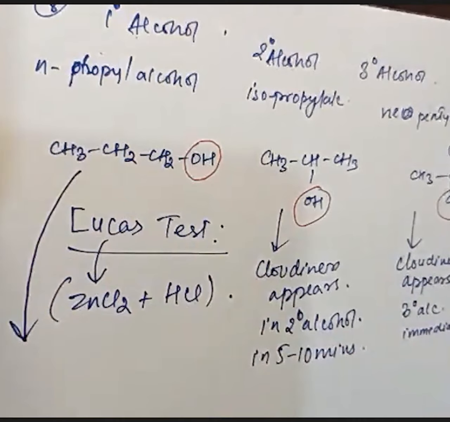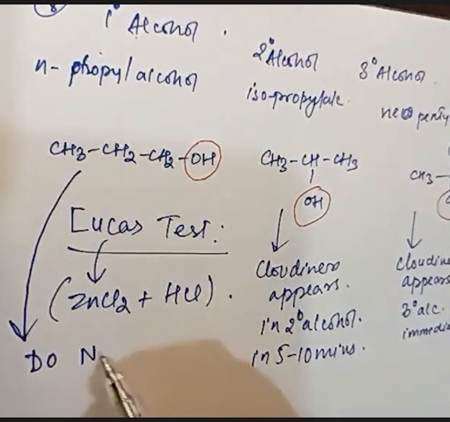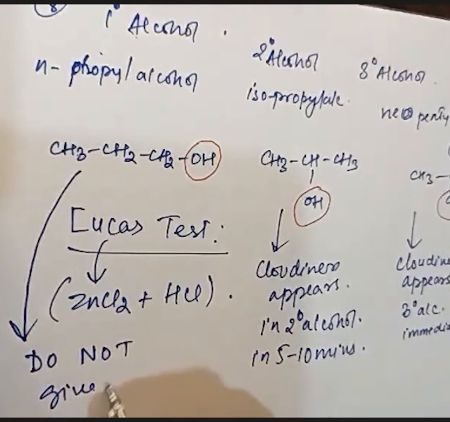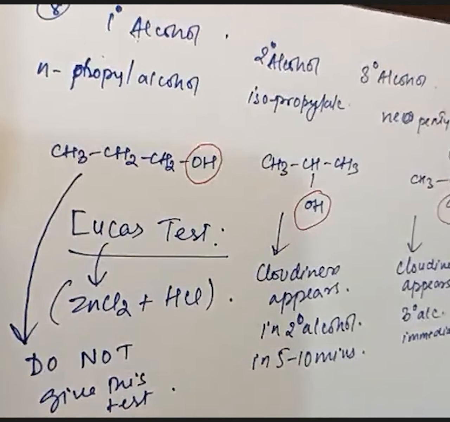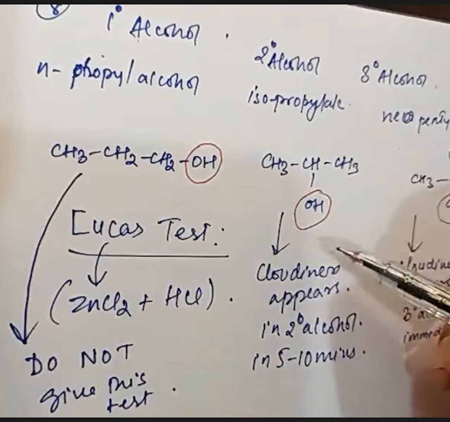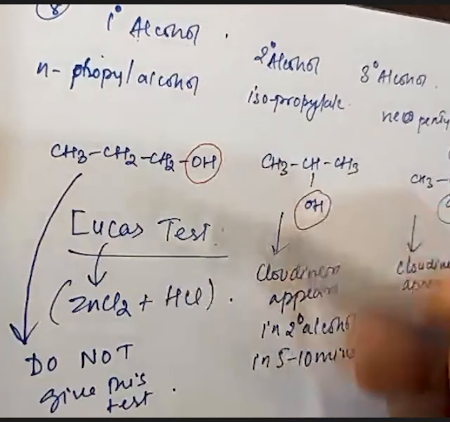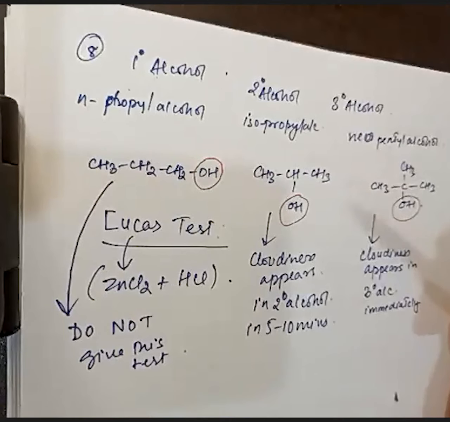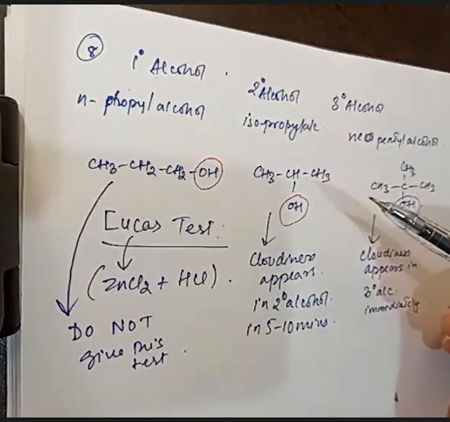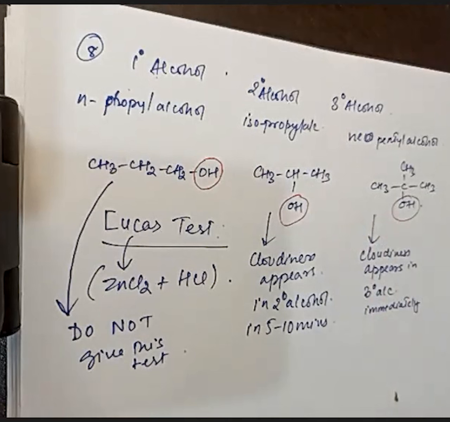And 1 degree alcohol does not give this test; cloudiness never appears. So ultimately you can understand that 3 degree alcohol and 2 degree alcohol give this test, and you can identify that 1 degree alcohol is not giving this test. This has less chance of coming because it is an alcohol-based distinguishing test, but since it was all together I have given it.